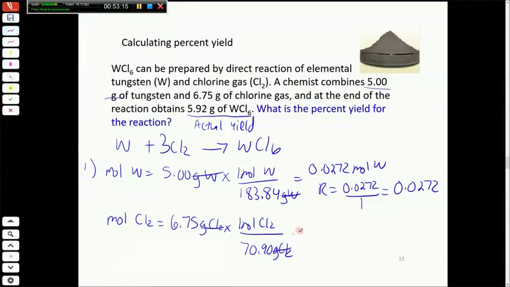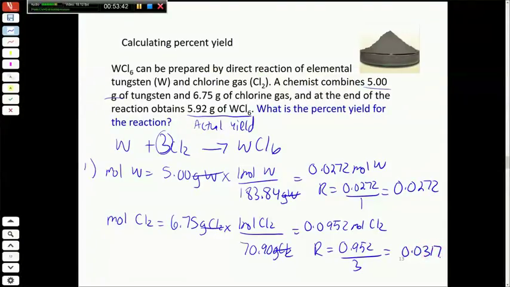We stop there to get moles first. So I got 0.0952. And then the stoichiometric ratio is going to be that number divided by the coefficient of 3, which I got 0.0317. So those are the 2 stoichiometric ratios.